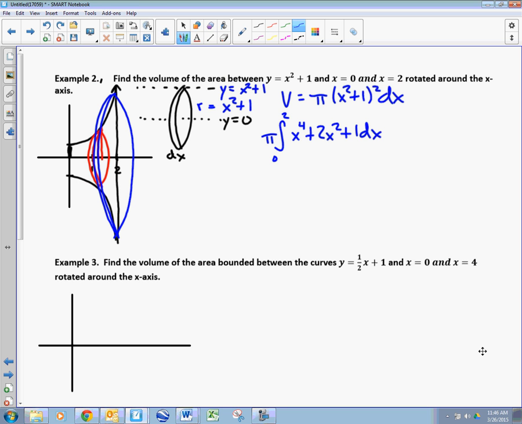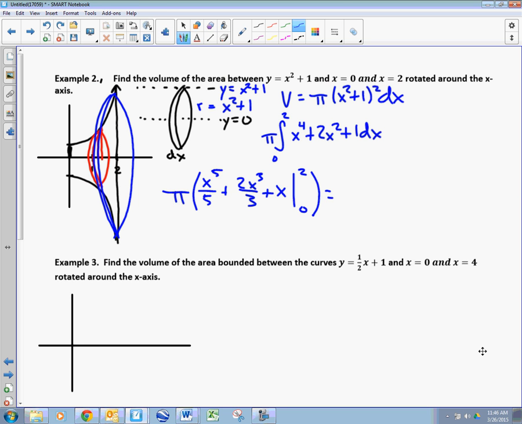Good. So the integral in the picture and everything's set up. Pi times x to the... It is nice that these all start at 0, isn't it? They all start at 0.